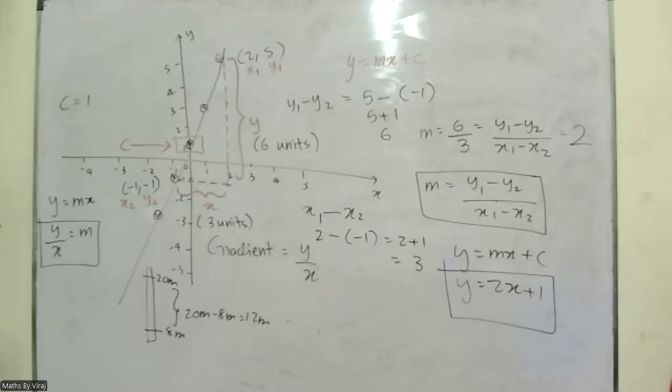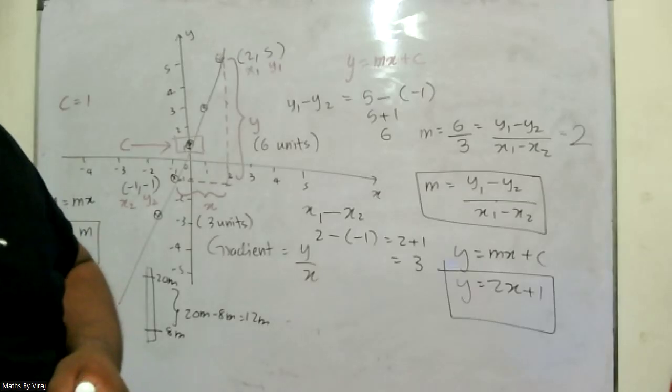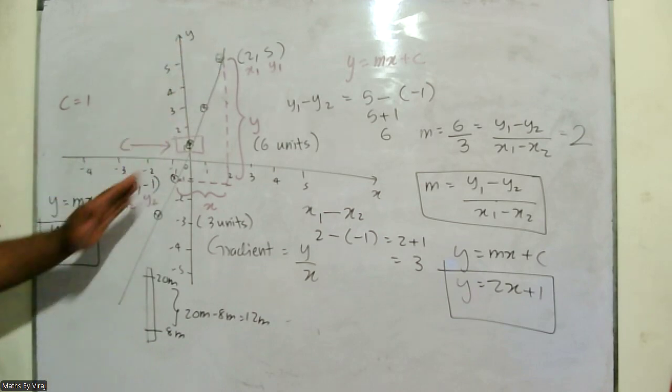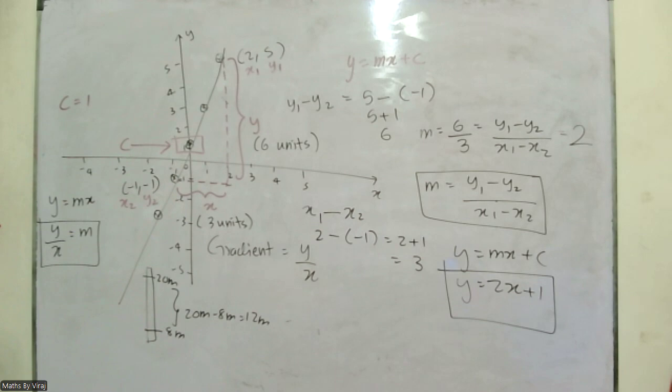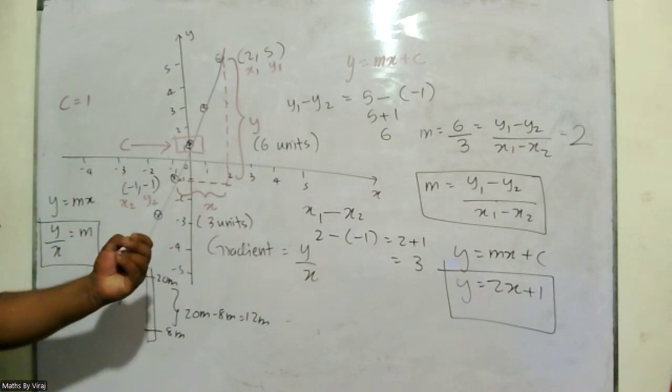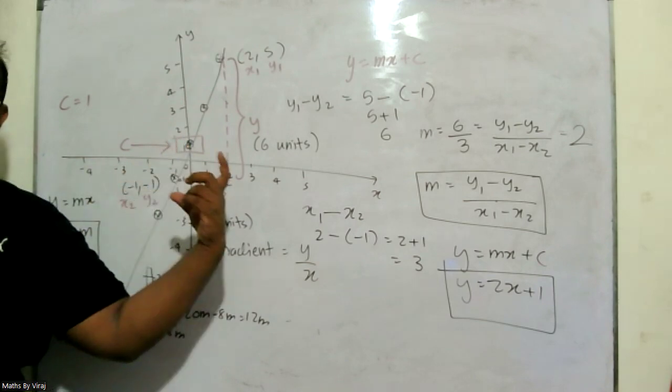Again, let me rephrase this and refresh our mind. We have a graph. The graph originally is given to you as a fully drawn graph with the marked points, correct? Now, by considering two random coordinates, we usually do not take coordinates that are close by.